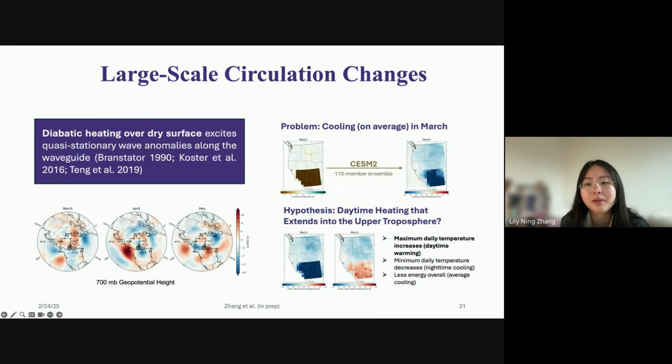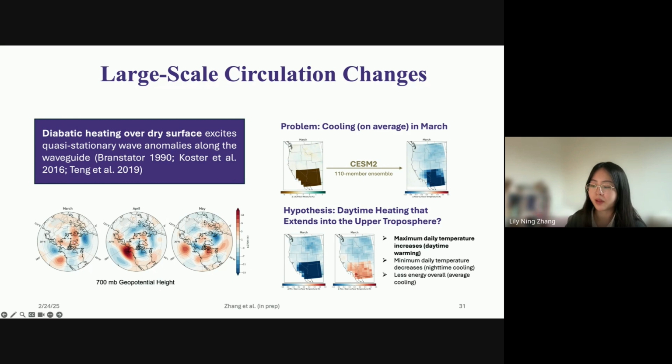Okay, the only problem, as you might recall, is that there was actually cooling on average over the Southwest in March. So that would sort of contradict our hypothesis about how diabatic heating over our dry surface can excite these stationary wave anomalies. When we dug into the temperature changes a little bit more, we found that even though the minimum daily temperature decreases considerably, the maximum daily temperature does actually increase.